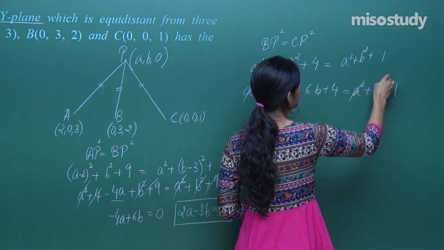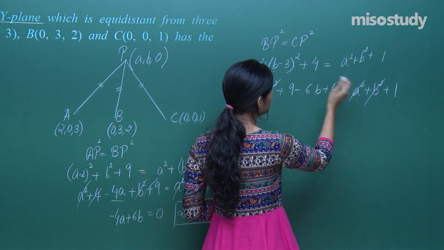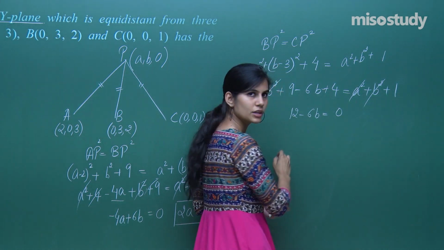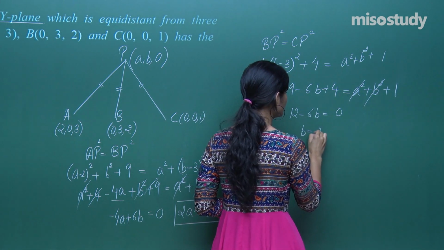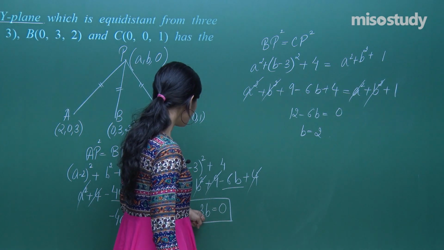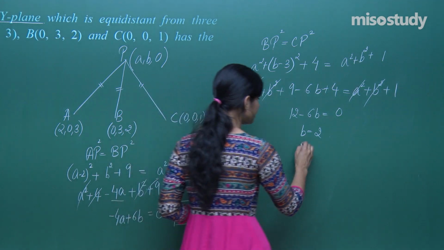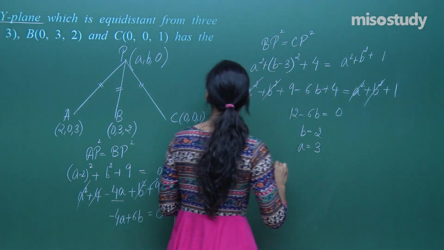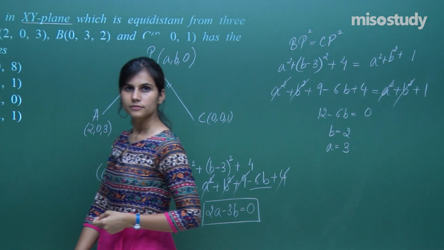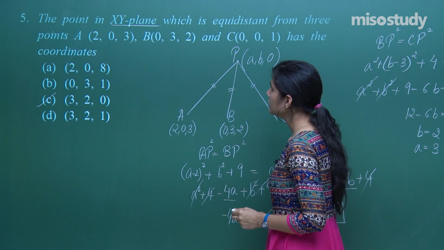Again, this gets cancelled out. What are you left with? You have 9 plus 4, 13 minus 1, 12 minus 6b is 0. So you get b is equal to 2. The moment you put b is equal to 2, you get 2a minus 6 is 0. a is 6 by 2, that is 3. And so the point is 3, 2, 0. Easy enough, just the direct use of distance formula, nothing else.